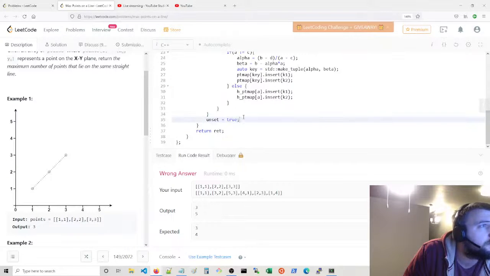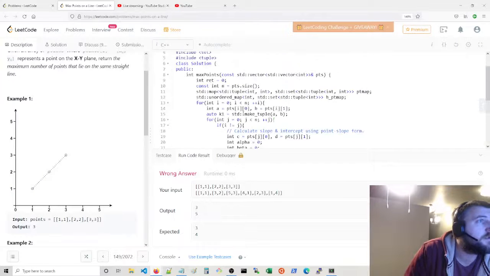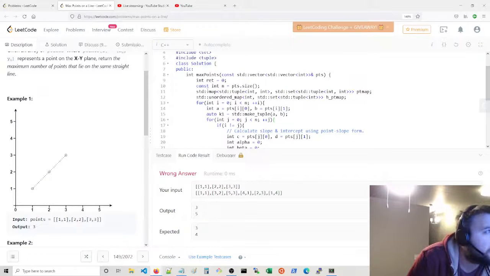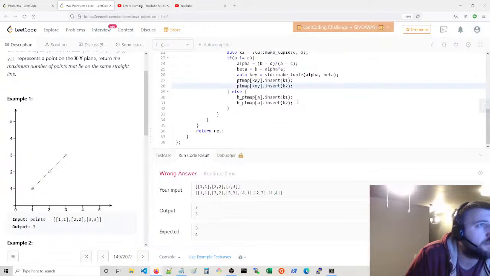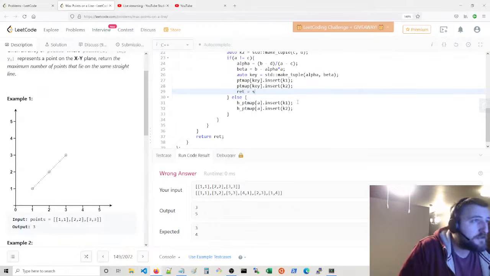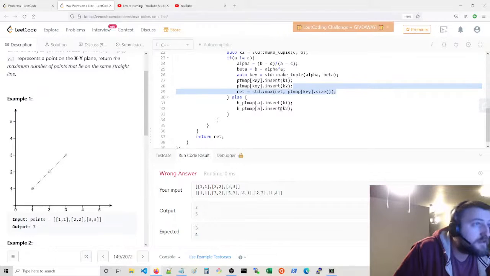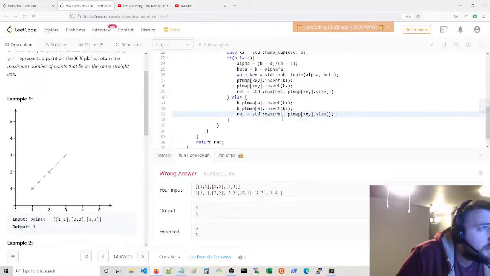Okay. So now we have ret equals 0. Each time you insert into either of these, you just update ret and say ret equals standard max of ret and pt map of key dot size, and the same thing over here.